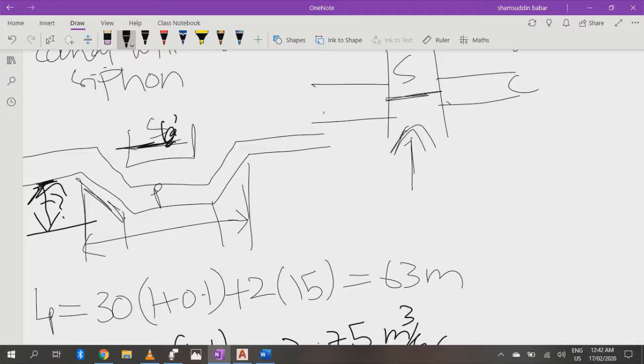That's why we are providing this depression about this depth. How much depth we provide will be found out by the scouring action, due to the action of this stream.